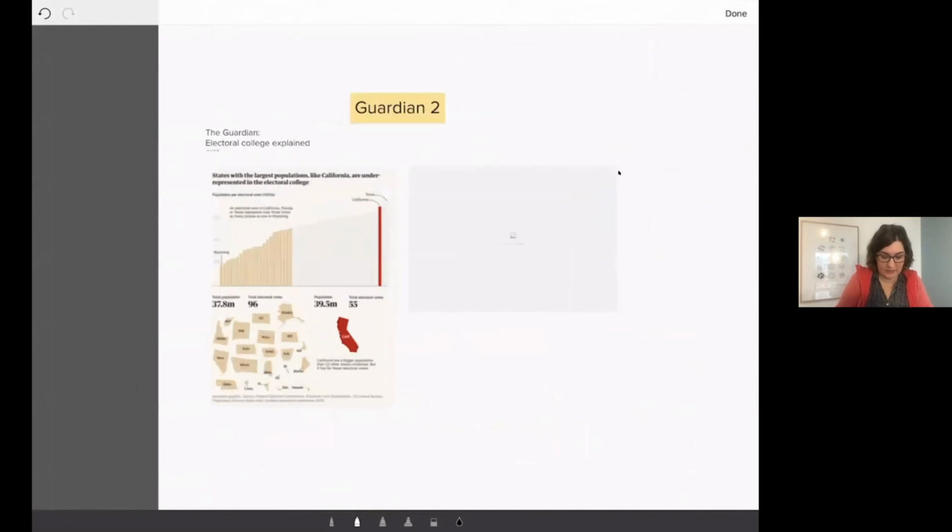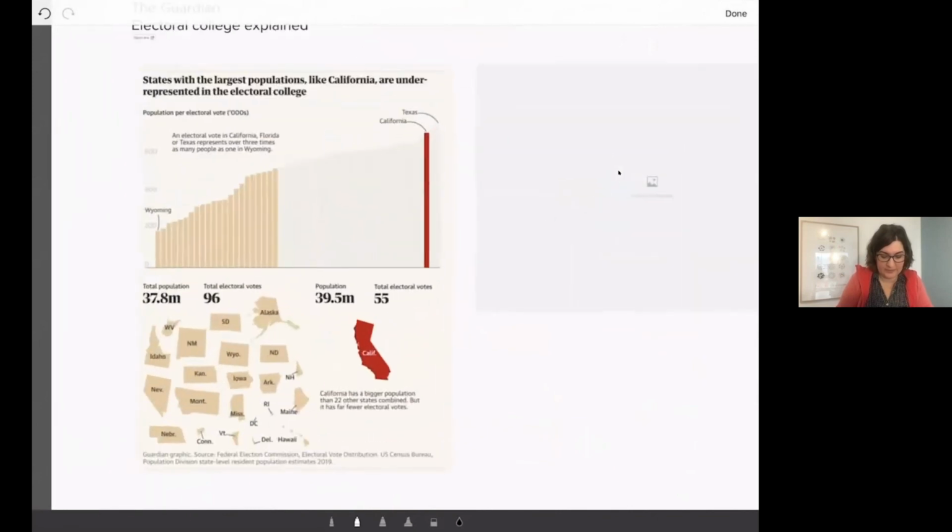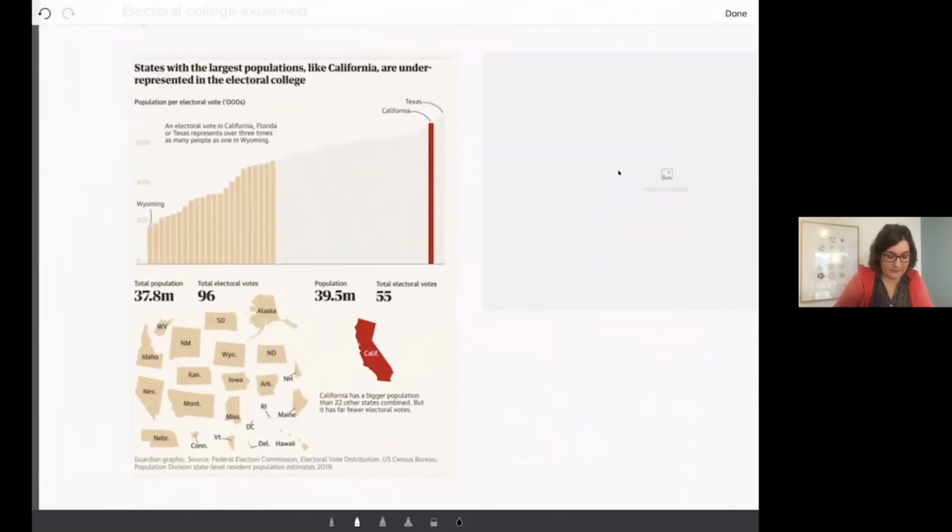Yeah, here. This one is what I said. This y-axis is the number of people per electoral vote. So this is a rate, and this is already one step more complicated than just showing population and electoral votes.